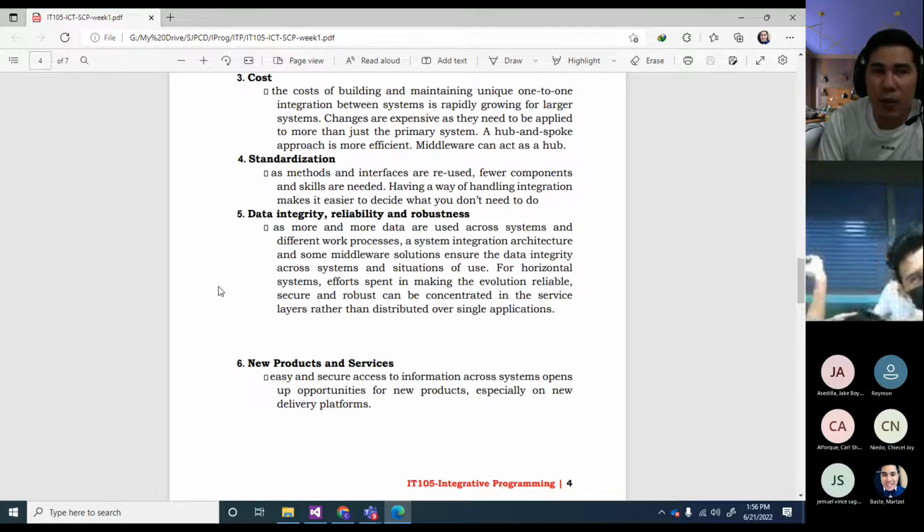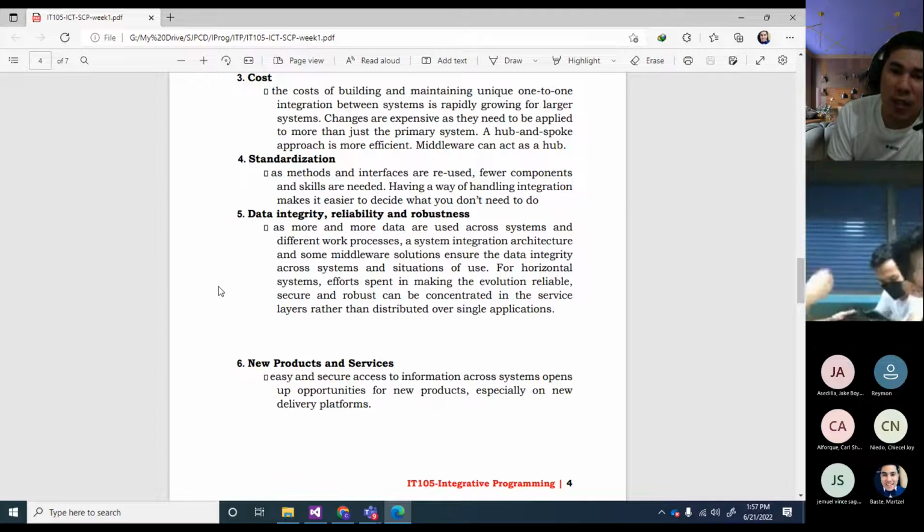So when you as a company, whether you are Oppo or Samsung, most definitely you will follow the standardization set by the Android operating system, so that integration will not compromise cost, and other things will not be affected in terms of integration.